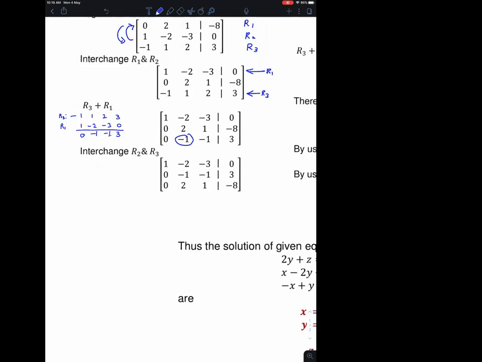It's going to be like this. Row 2 is going to come here, and row 3 is going to go there. After the interchange, you can see this is what you're going to get. Row 2 is now row 3, and row 3 is now row 2.